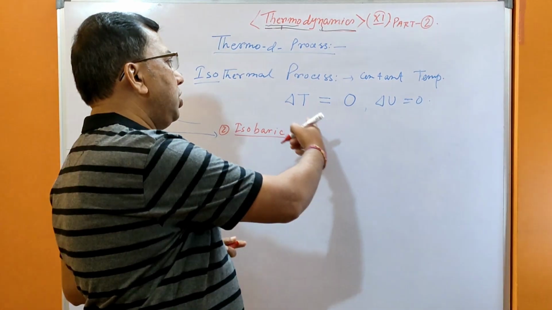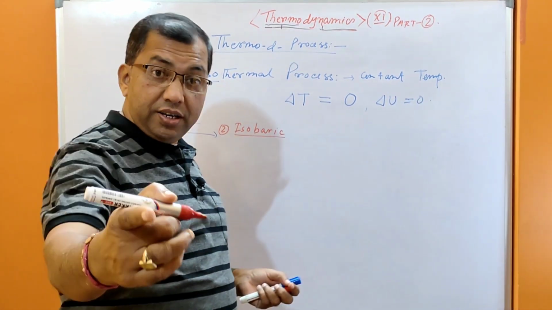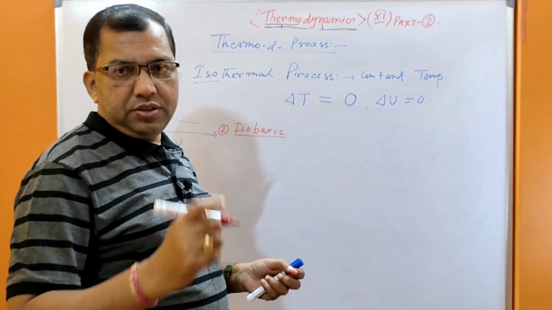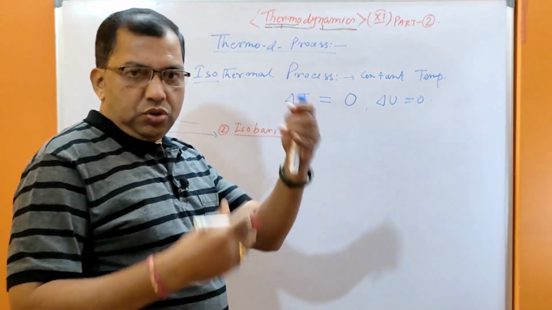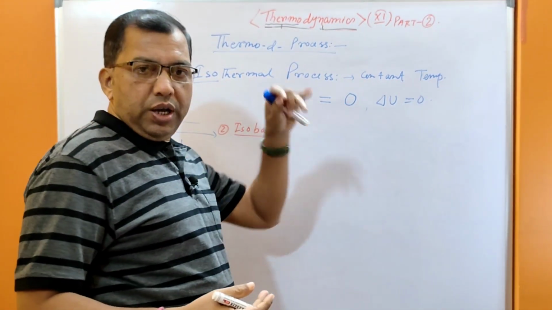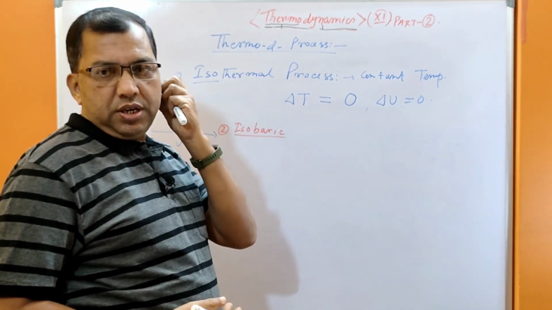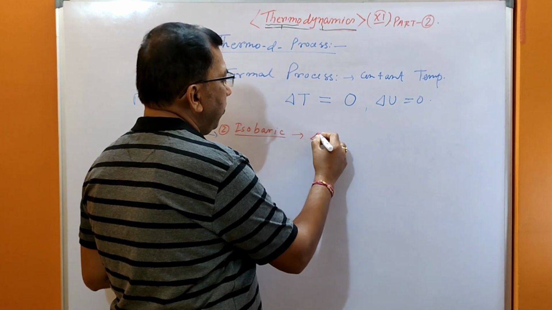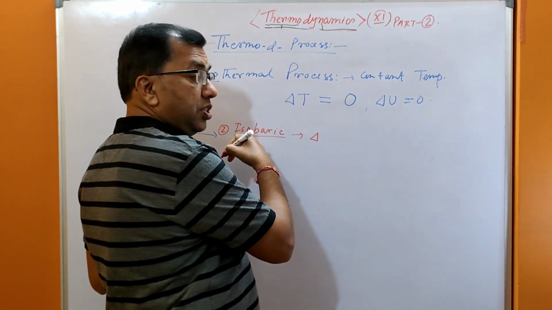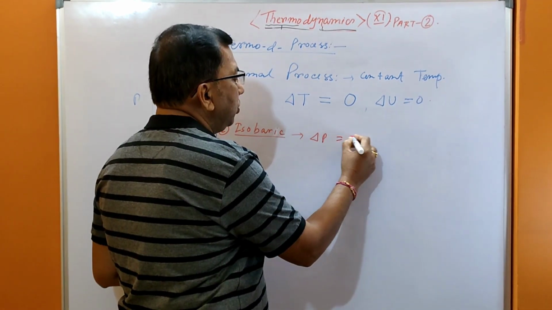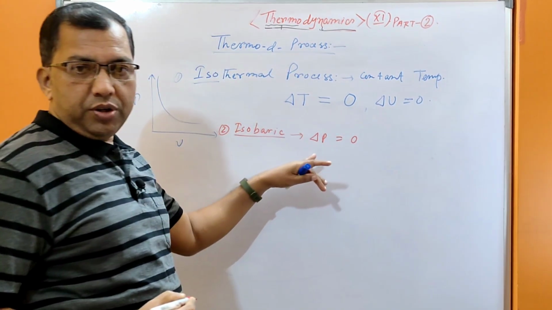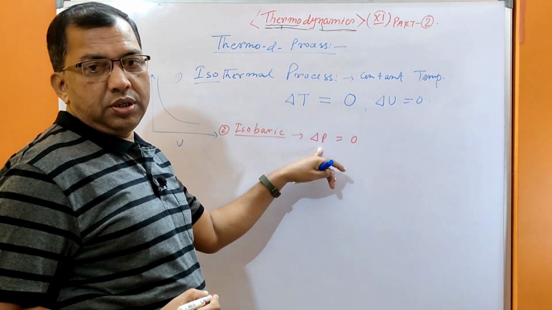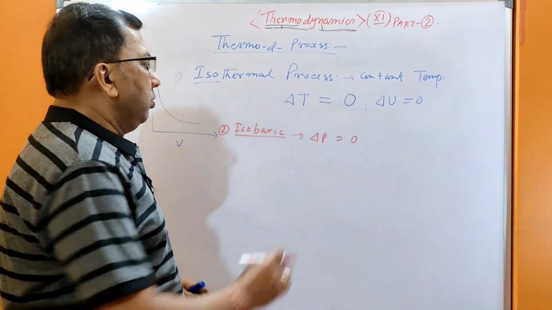The process which is carried out under constant pressure is the isobaric process. Here pressure is constant, so delta P equals 0. Clear? Same pressure.